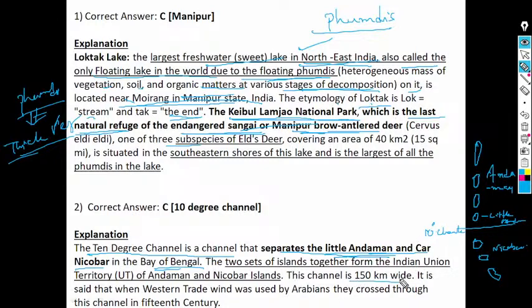This channel is 150 km wide. It is said that when western trade winds were used by Arabians, they crossed through this channel in the 15th century. These two sets of islands together form the Indian Union territory of Andaman and Nicobar Islands.